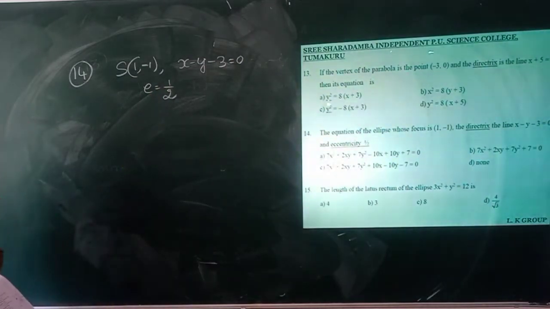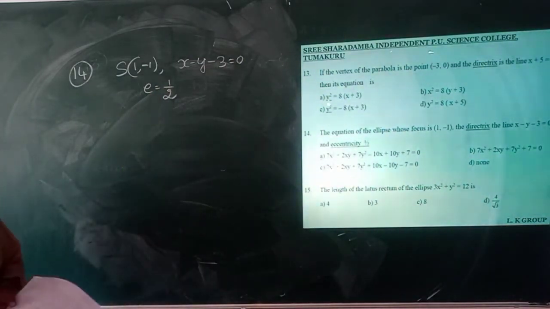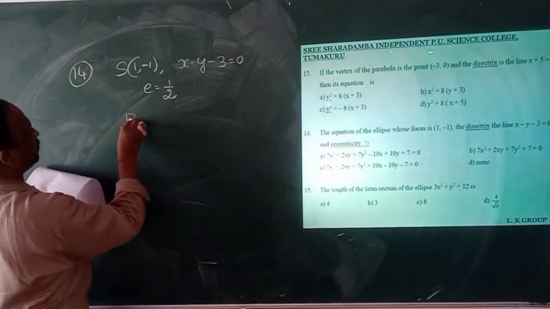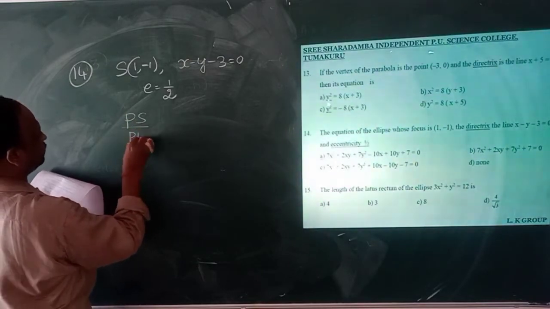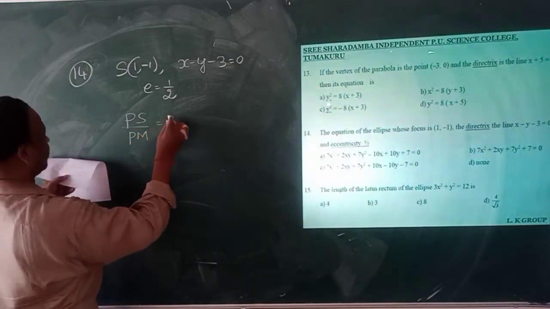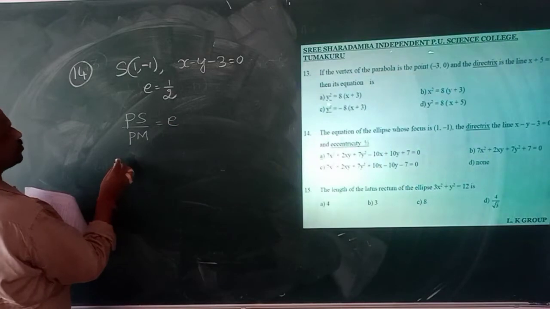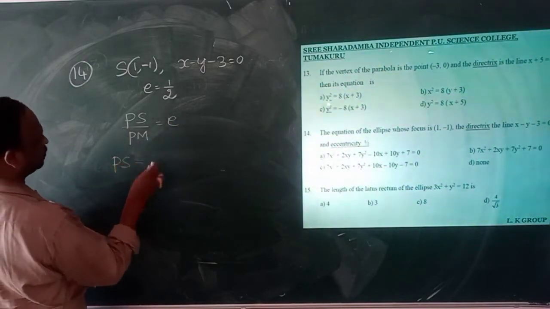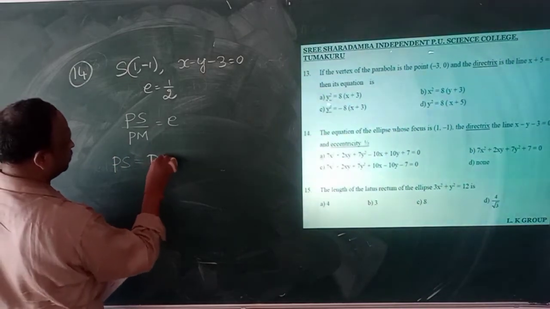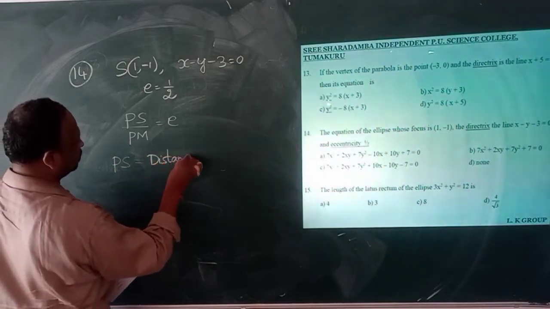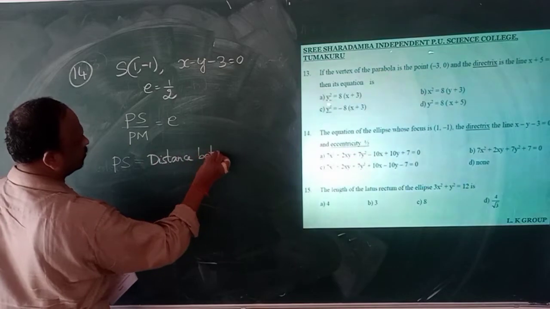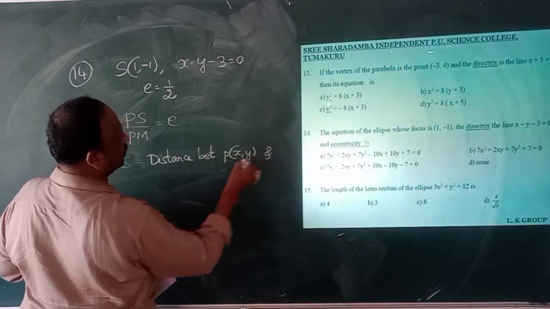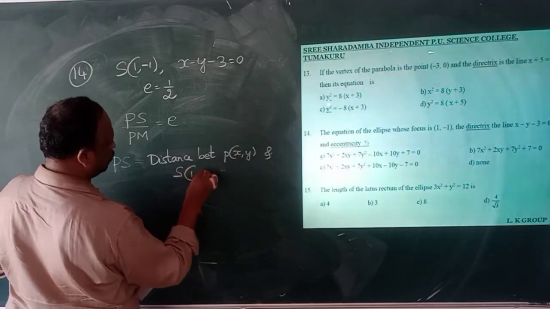Here, for this type of problem, we have to solve using the definition. The definition is PS by PM is equal to e. Here PS is nothing but the distance between P(x, y) and S(1, -1).